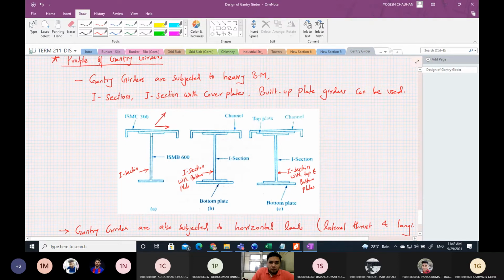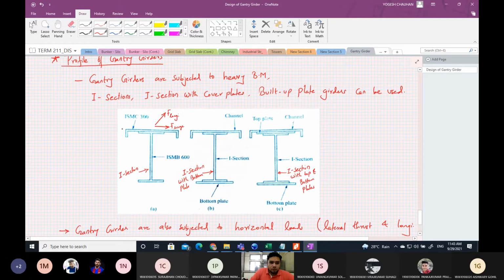So this is longitudinal and this is surge force. Okay. So along the length of the rail, there is a longitudinal force, and transverse to that, there is a surge force.